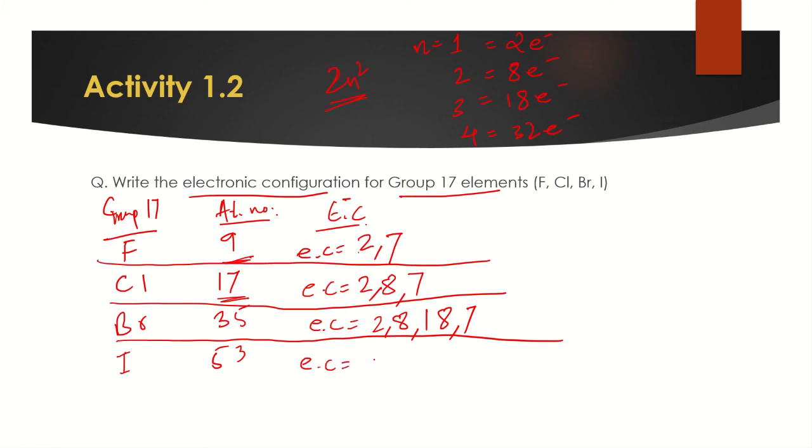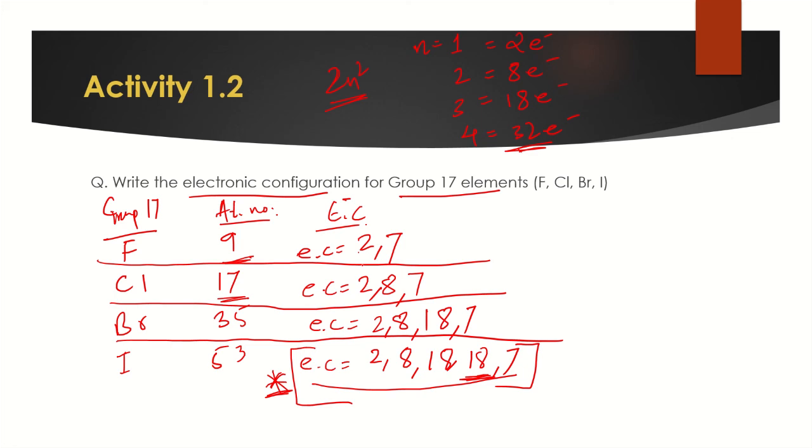For iodine, the atomic number is 53, so there will be 53 electrons. The electronic configuration is 2, 8, 18, another 18, and then 7. So this is the electronic configuration for group number 17.